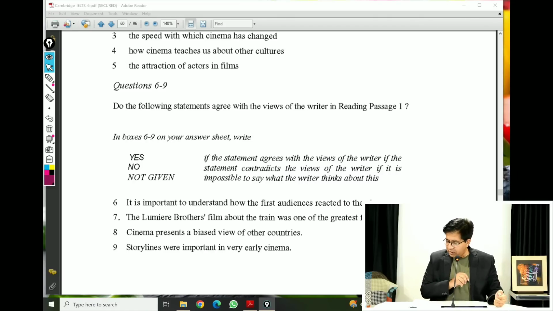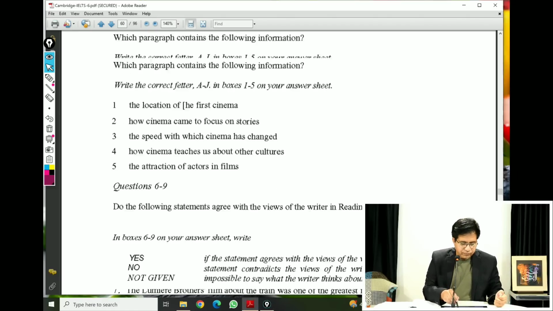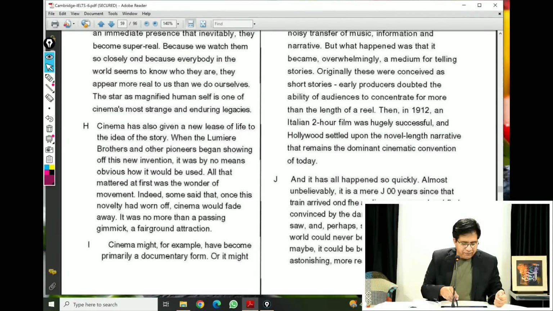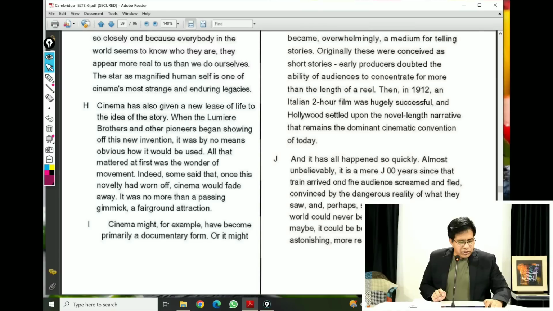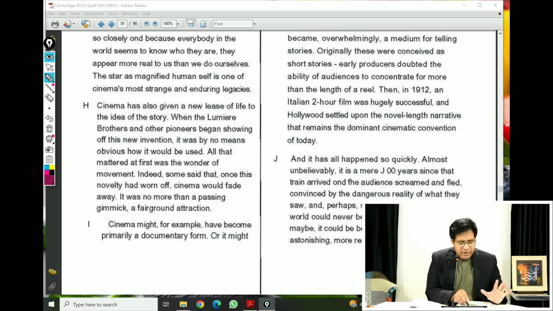Okay, now we go back and we look for storyline or wherever they talk about story. Paragraph H, that's right. Paragraph H. And there they say, cinema has also given a new lease of life to the idea of story. When the Lumiere brothers and other pioneers began showing off this new invention, it was by no means obvious how it would be used.